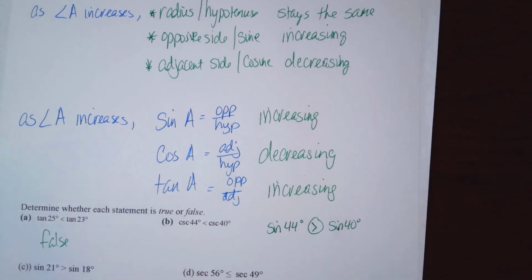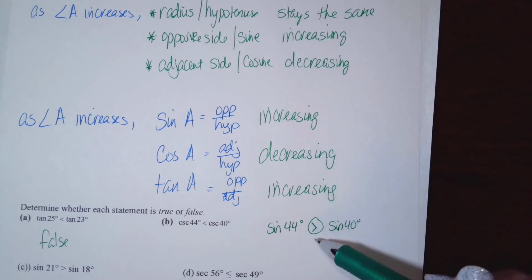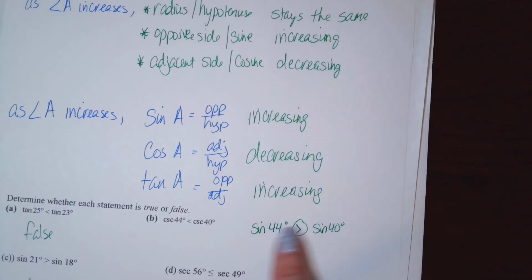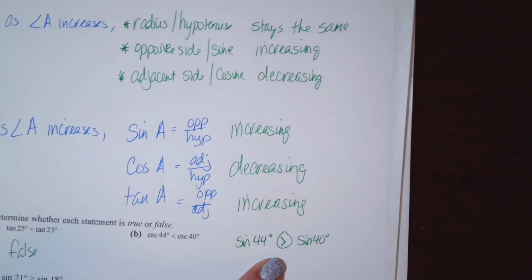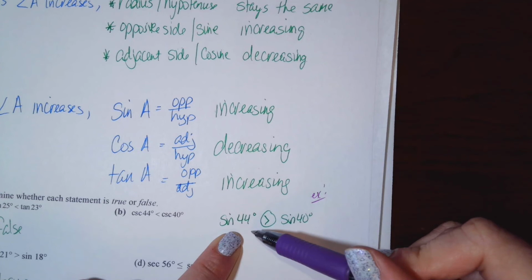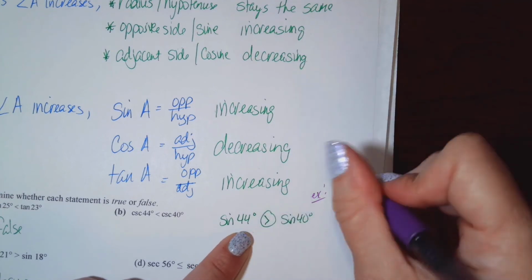So what happens when I switch those numbers? If I take the reciprocal, let's just suppose, okay? I don't know what the sine of 44 is, and I don't know what the sine of 40 degrees is, but when I flip this, what happens? Let's pick an instance, over here to the side, where we have a fraction that is larger than another fraction.